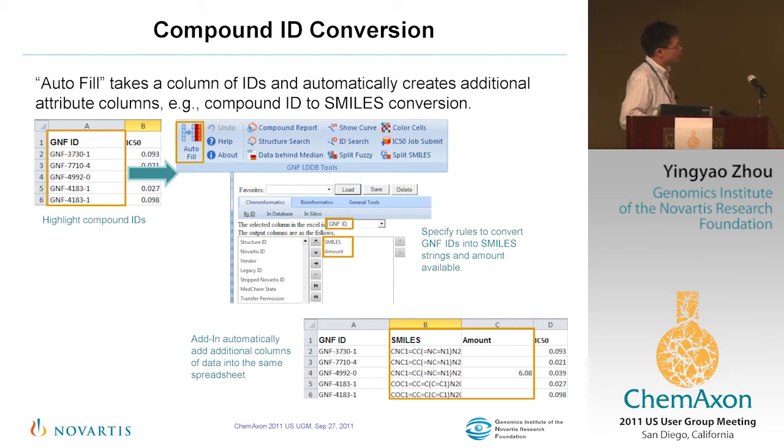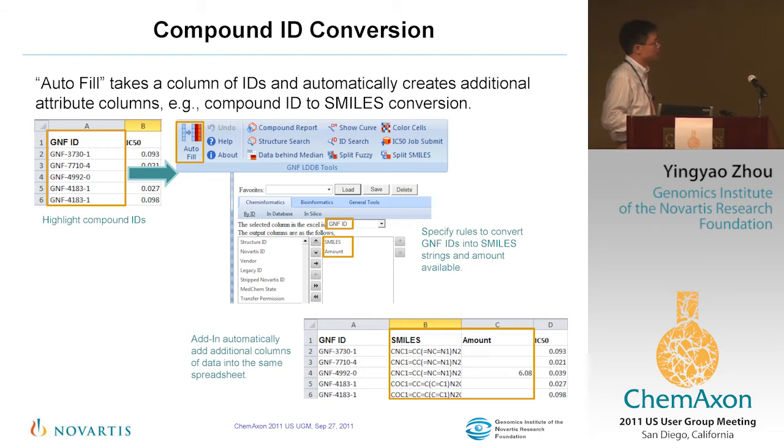and automatically fill them out, to go from here to there. And we try to do that just within Excel, okay? So what you do here is, with the adding, you can highlight this column of compound IDs. You click on this autofill button, and you get a dialog. In the dialog, you can tell the adding, I want to convert from compound ID, GNRF ID, and I'm interested in, for example, two additional attributes.